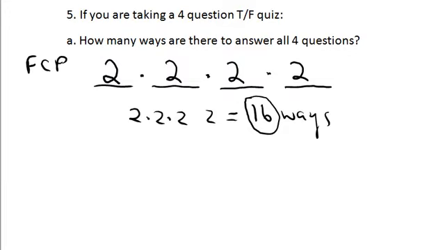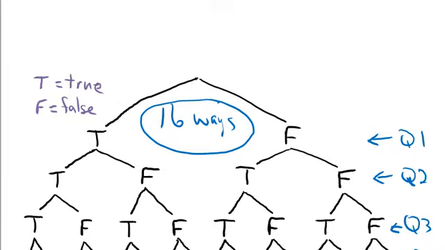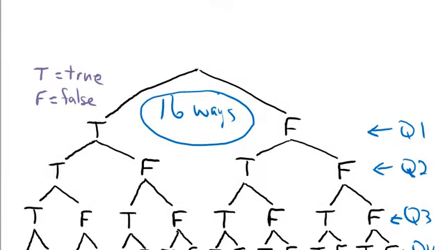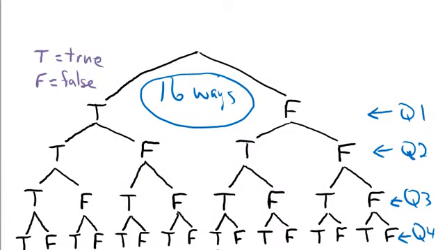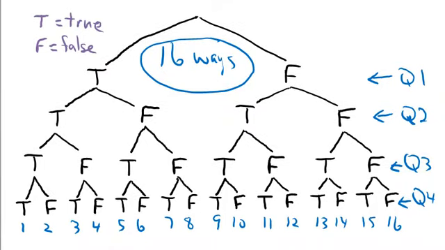If you're having trouble seeing that, I will say that you could draw a tree diagram. I'm not advocating that you solve it that way, but just suppose you wanted to develop your intuition a little bit better, or that you wanted to double check and make sure you hadn't thought about it incorrectly.